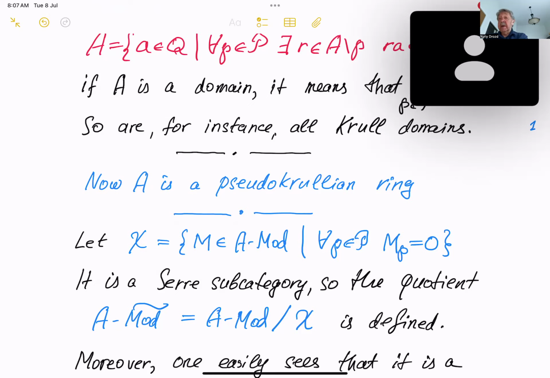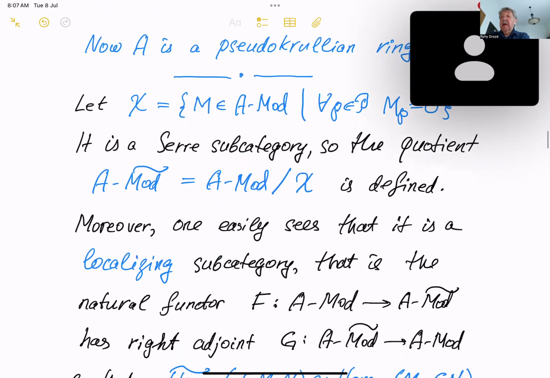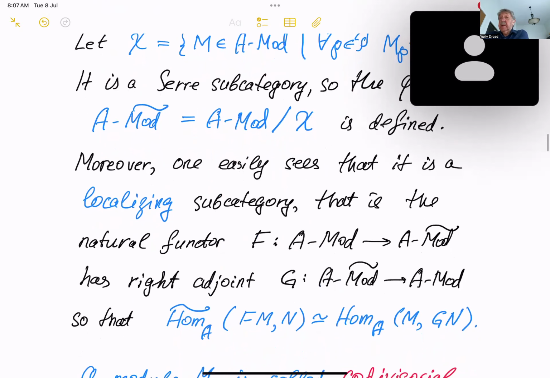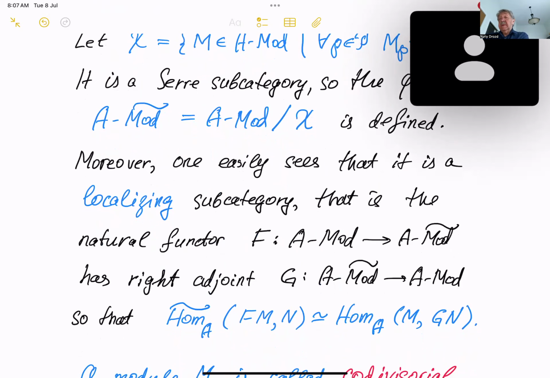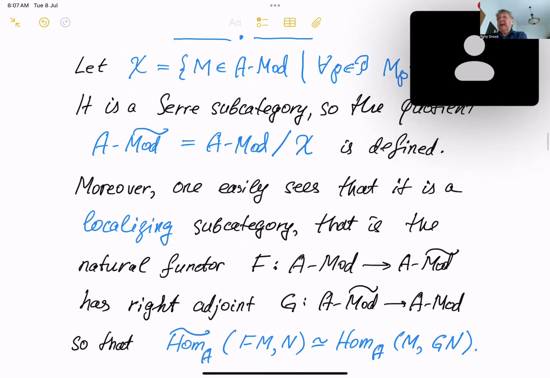I denote it by A-mod tilde. Moreover, one easily sees that it is a localization subcategory. Namely, it follows as any module contains a maximal submodel, a biggest submodule from X.